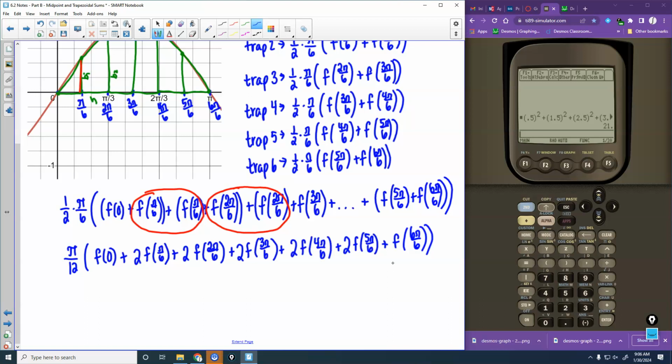Okay, so this is still going to take me a little while to type in, but definitely a lot quicker than typing in each one of these separately.